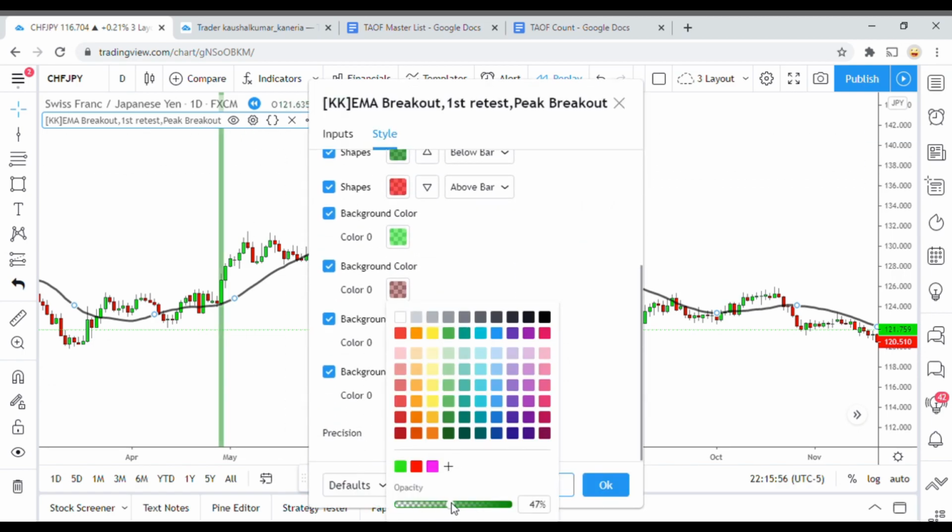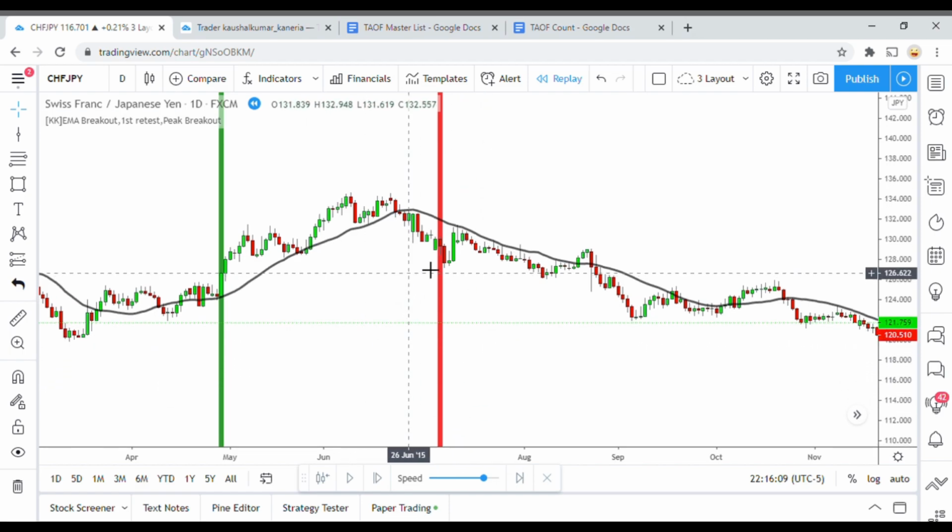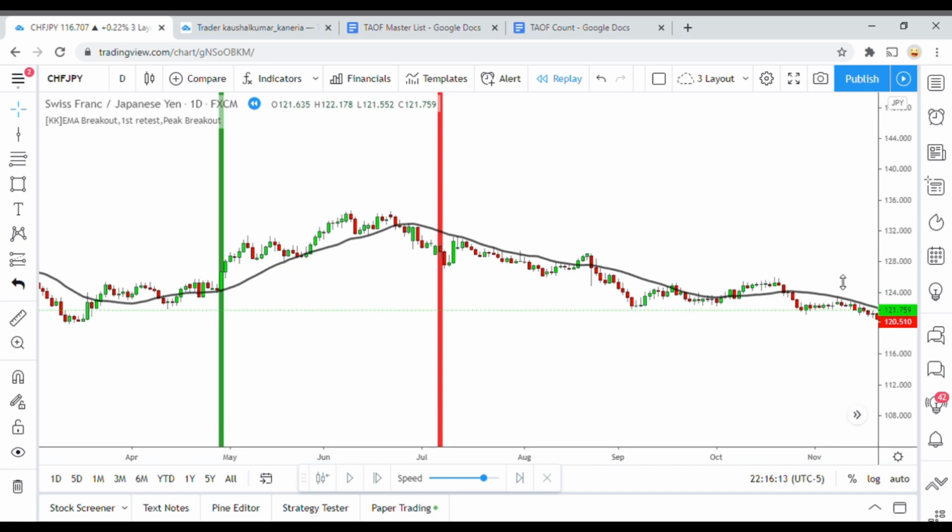Yeah, I think it's actually this one. Yeah, there we go. So let's put that on 80, and we'll put this one on 80 as well. All right, so now you can see these green lines and red lines a little bit more clear.